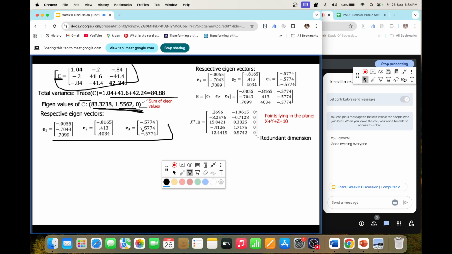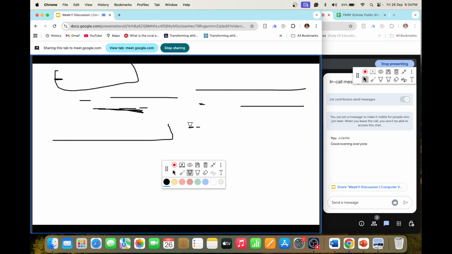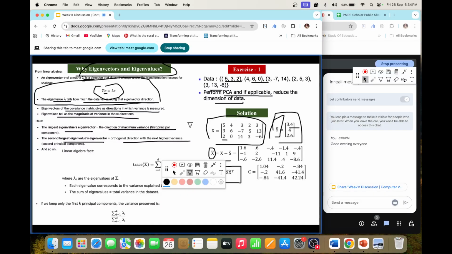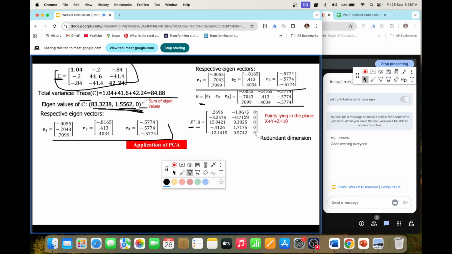Okay, so these are the three eigenvectors, and you can write these eigenvectors by this matrix, a combined matrix. And when you multiply this combined matrix with your centered data, these are the results that you are getting. Okay, that means in the third direction you are getting 0, 0, 0. In the third direction we do not want it.